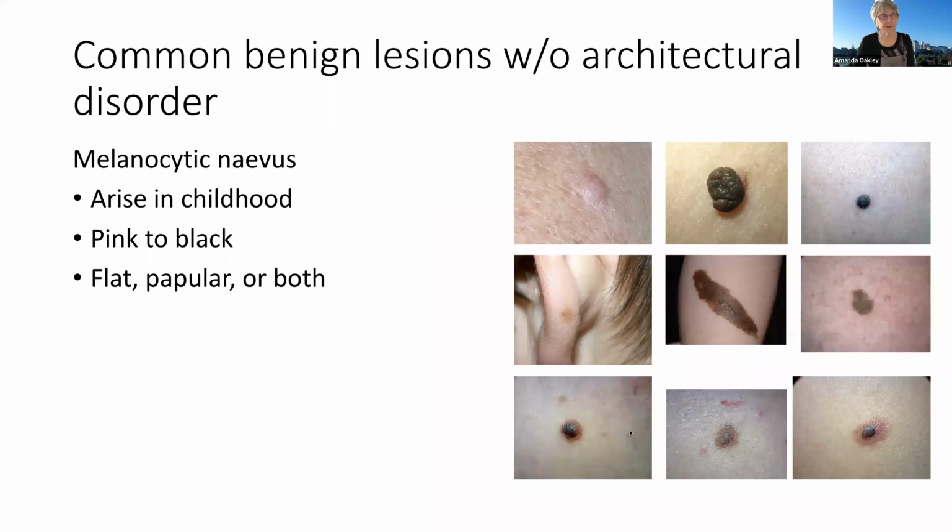If not, does it have architectural disorder? Melanocytic nevi don't have architectural disorder. They arise in childhood. The color can be anything from pink to black, depending on the natural color of the patient. And they can be flat, papular, or a combination of flat and papular.